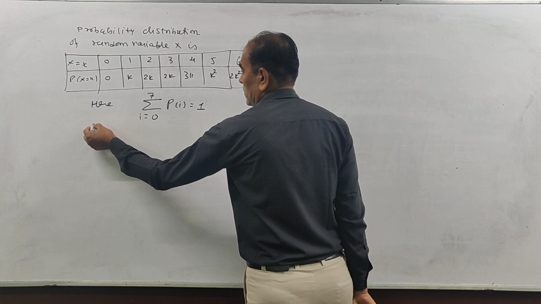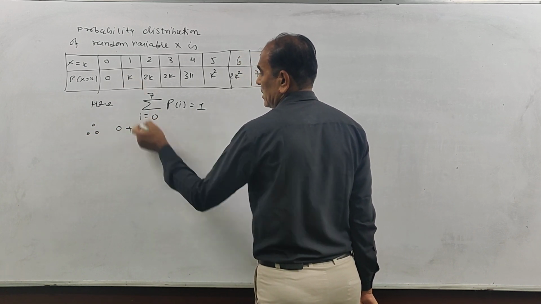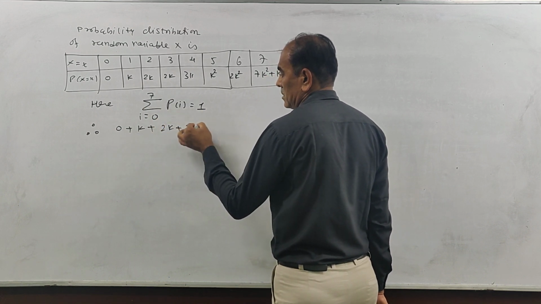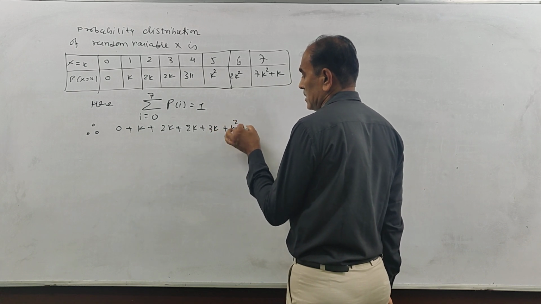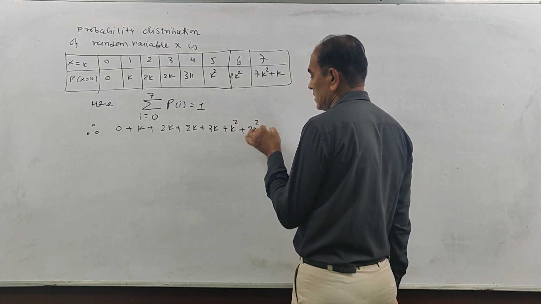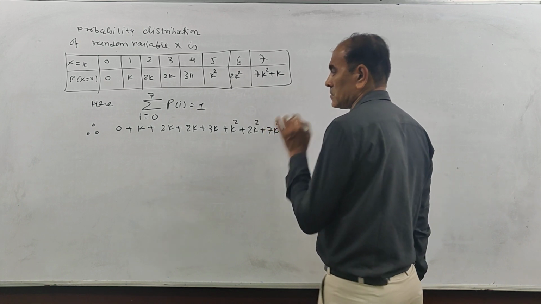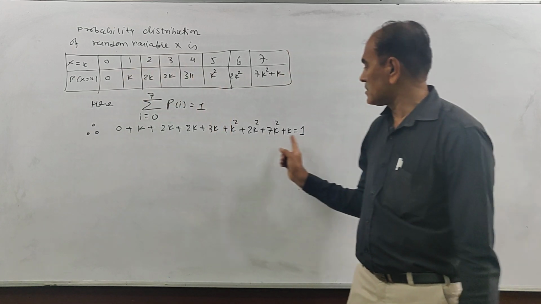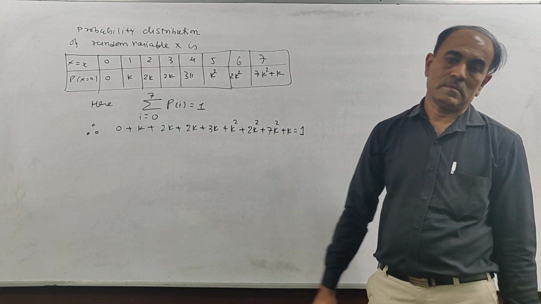Therefore, what we get: 0 plus K plus 2K plus 2K plus 3K plus K square plus 2K square plus 7K square plus K is equal to 1. The sum of these 8 probabilities is 1 as it is a probability distribution.